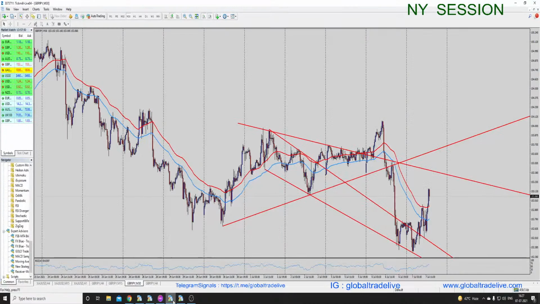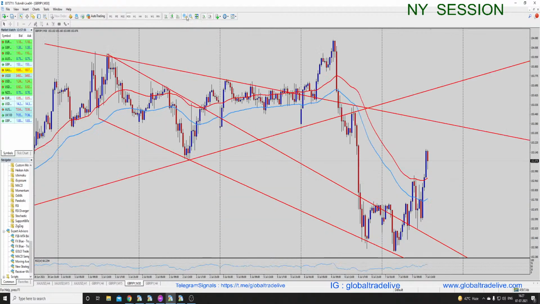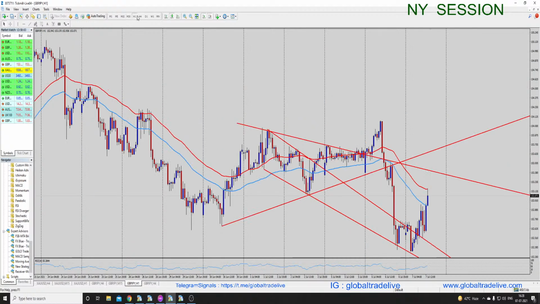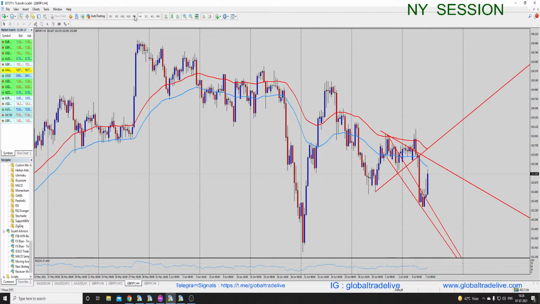So I'm really expecting the 30-minute candle to close bearish, and that will be a good thing for us, because if the next candle starts to break the high, then the chances of going up will be really high. The next 1 hour candle is about to start in, oh sorry, in 2 minutes over here.